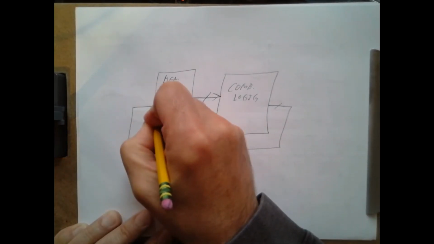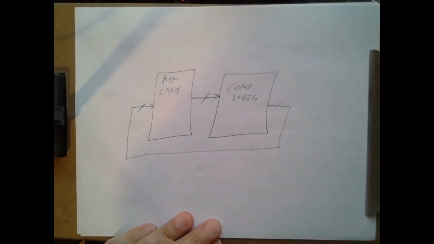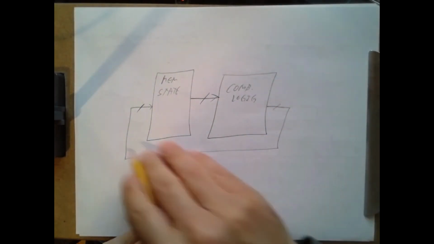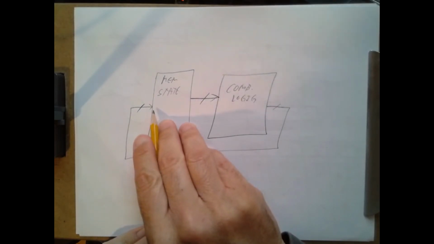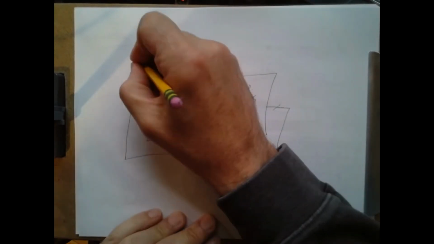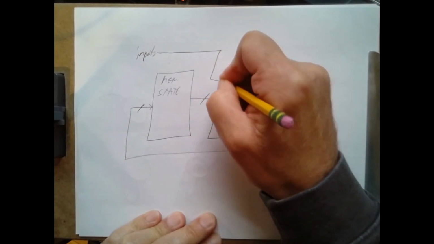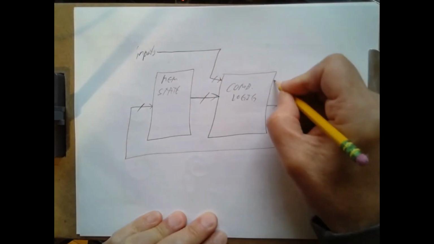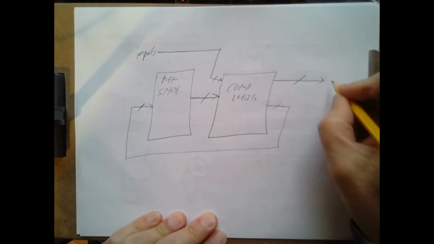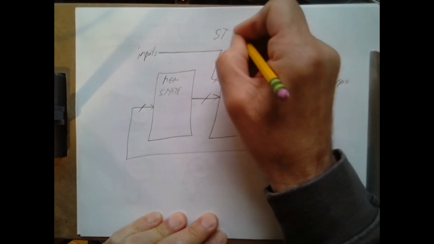I'm drawing these arrows with slashes on them to say that could be 2 lines, could be 20 lines, could be 1 line. The output of the combinational logic feeds the D inputs of the memory, or the JK inputs, or whatever the inputs are to the flip-flops in here. You have external inputs which go into your combinational logic, and your combinational logic generates a series of outputs. Okay, that's your basic state machine.